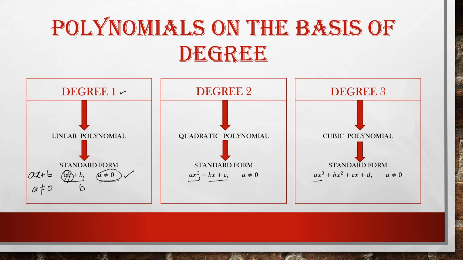So a should not be equal to 0 क्योंकि a 0 हो गया, then again this whole term will become 0. ये 0 हो गई तो हमारे पास जो भी एक्सप्रेशन बचेगा, जो भी पॉलिनोमियल बचेगा वो क्यूबिक पॉलिनोमियल नहीं होगा, राइट? फिर से आप देखो, अगर डिग्री 1 है we call it as linear polynomial, डिग्री 2 है we call it as quadratic polynomial, डिग्री 3 है we call it as cubic polynomial, right?